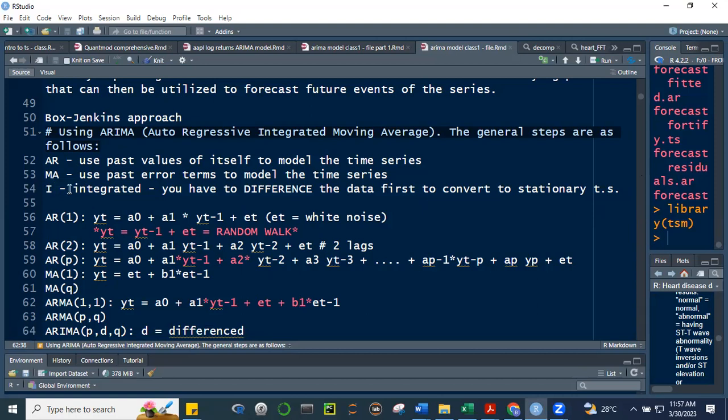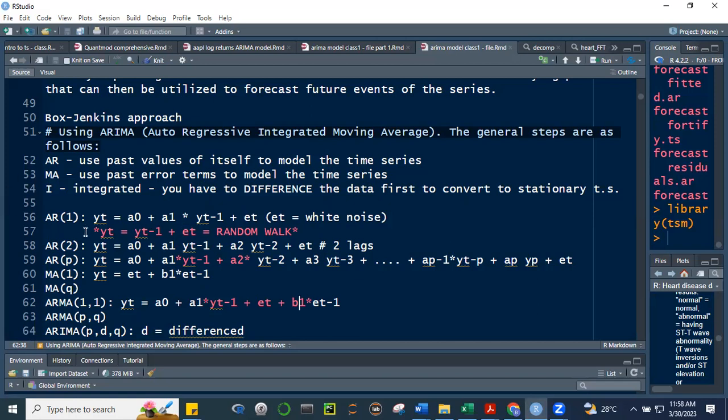Now, when do we use integrated na to, yung ARIMA? We use integrated if we did some transformation with the data. If initially the data is not stationary, and then we need to, of course, convert it into stationary, like difference the data, then that constitutes an integration. So that's why our model becomes ARIMA, autoregressive integrated moving average.